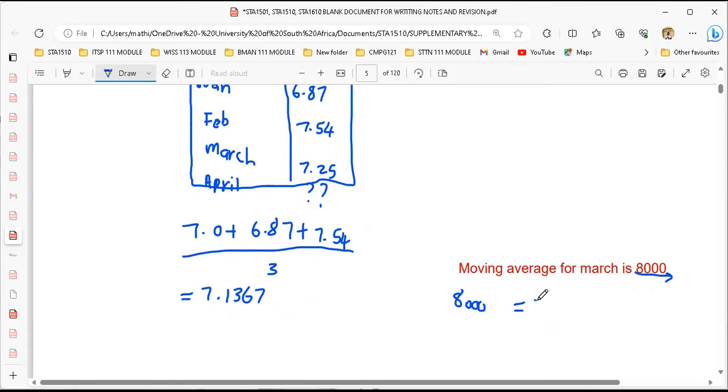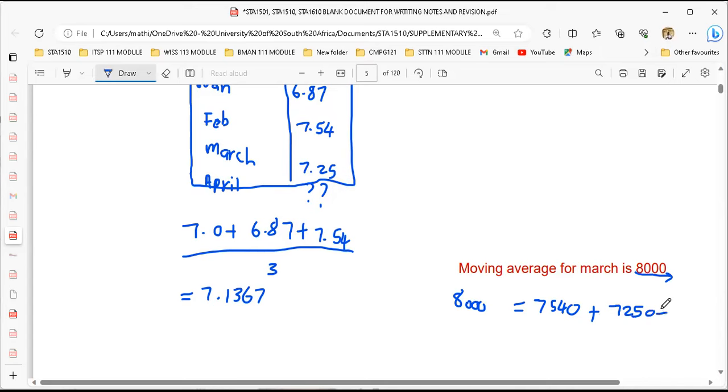To make it easy, let's multiply by 1,000. 7.54 multiplied by 1,000 is 7,540, and then plus the one for March. 7.25 multiplied by 1,000 is 7,250.